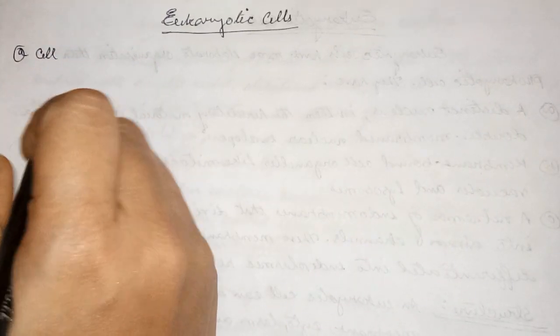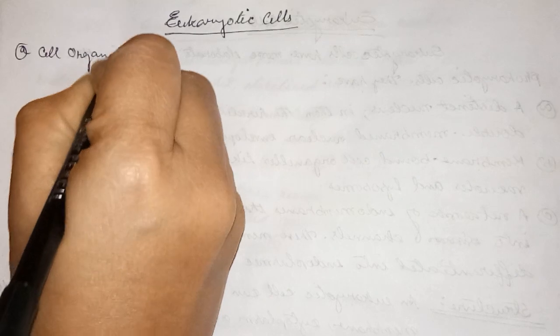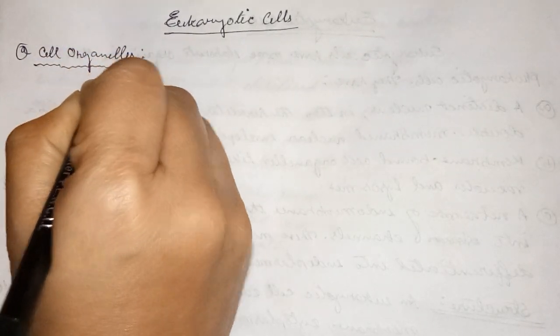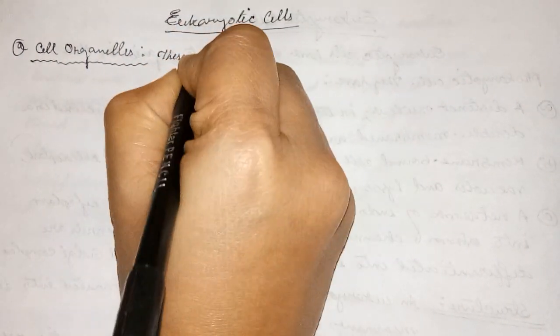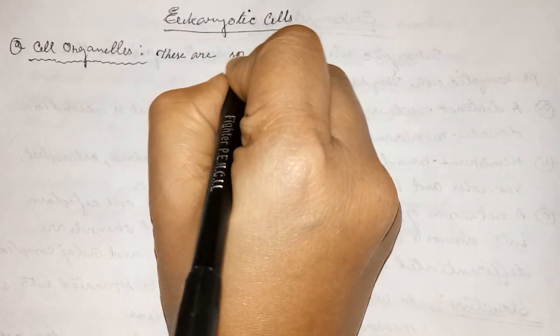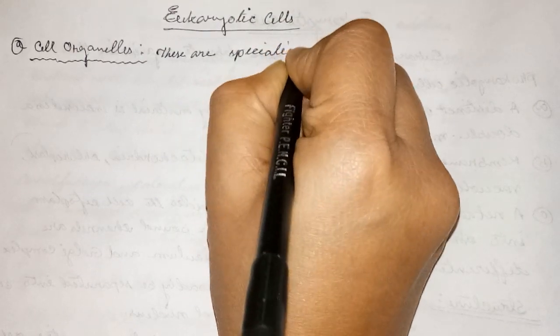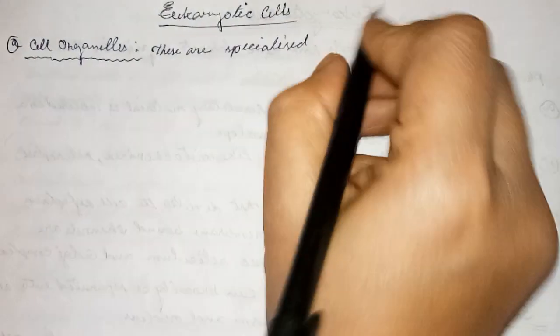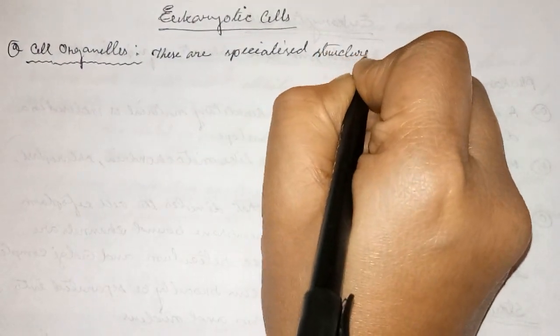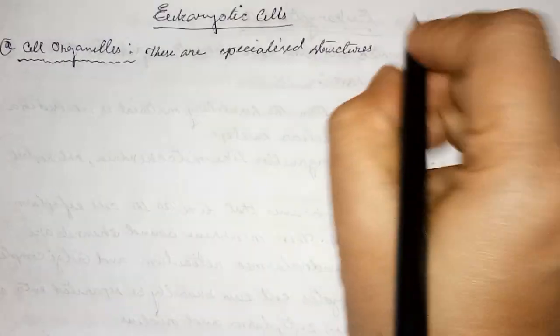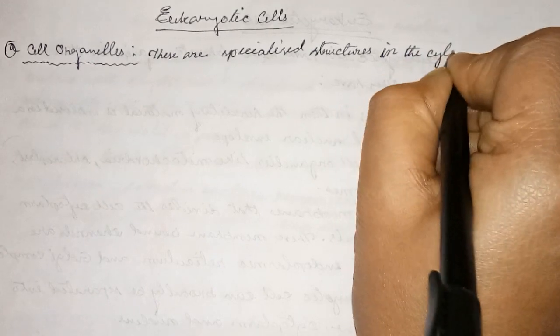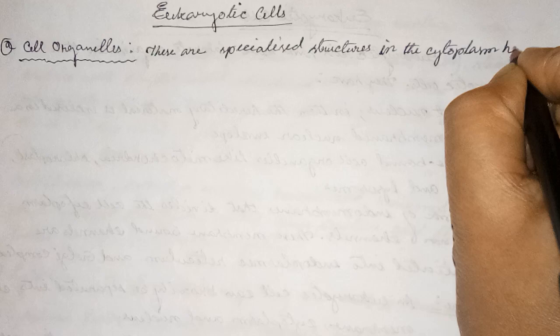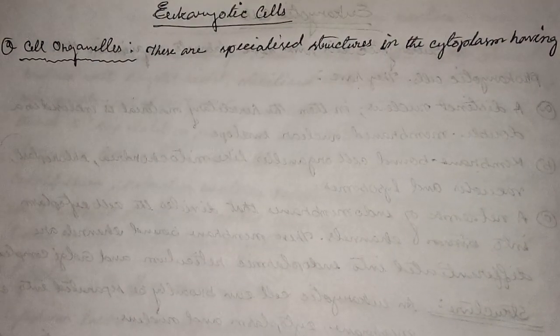Okay, so now cell organelles. These are specialized structures in the cytoplasm having specific functions.